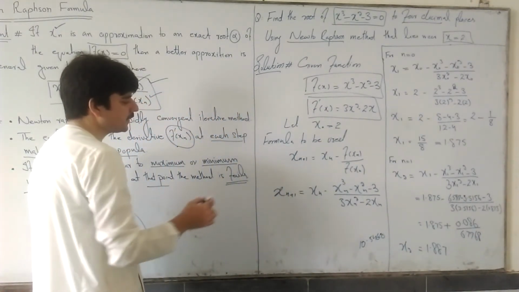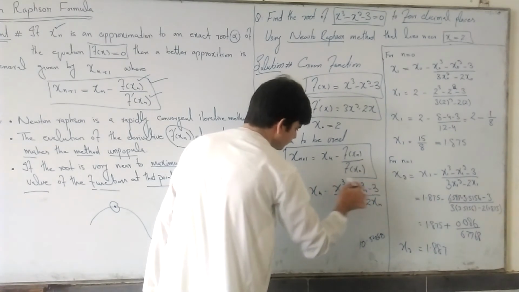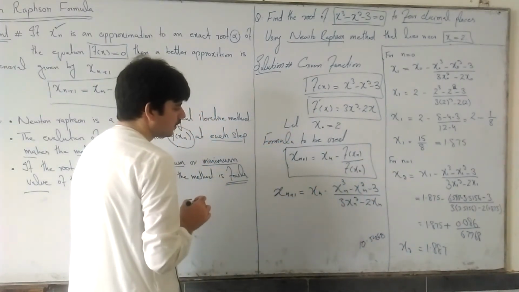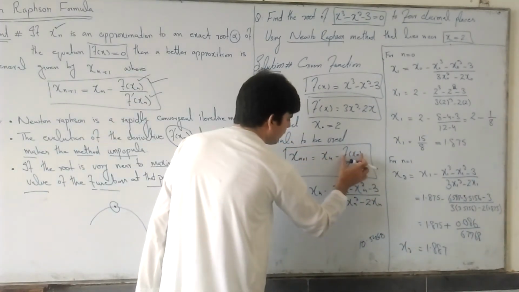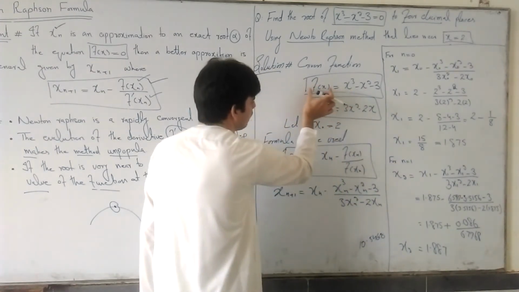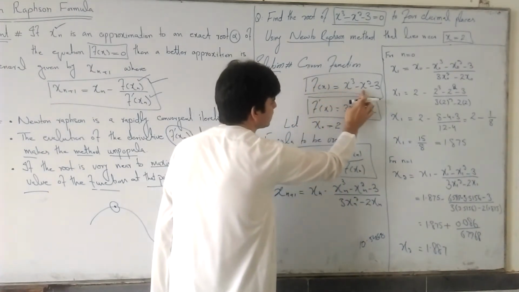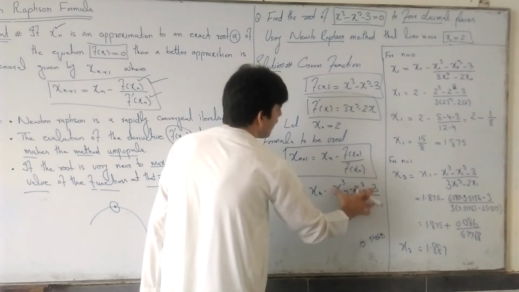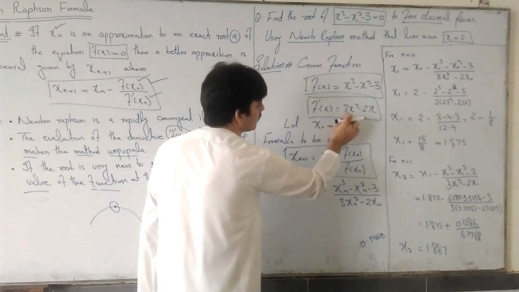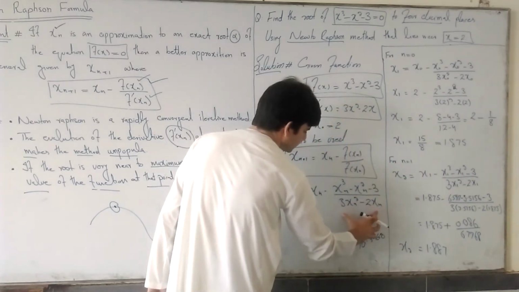The formula for Newton-Raphson method is this one. Putting the value of f of x and f prime of x: the value of f of x is equal to x cube minus x square minus 3, and the value of f prime of x is equal to 3x square minus 2x.